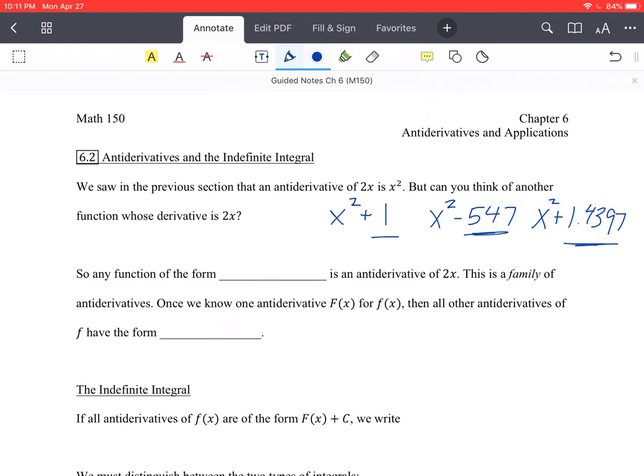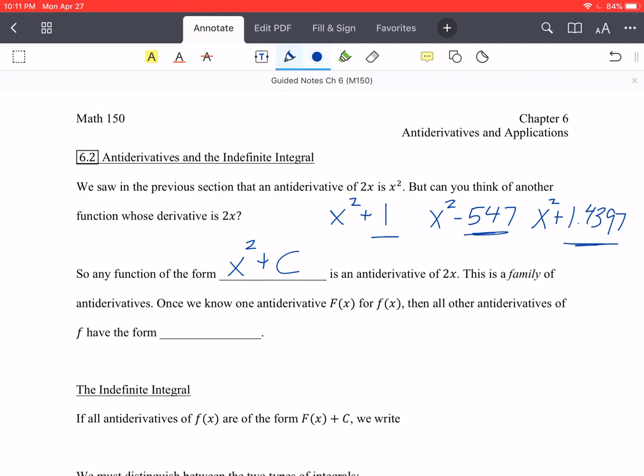So any function of the form x squared plus c is an antiderivative of 2x, where c is just an arbitrary constant that can be anything. If I take the derivative of x squared plus c, I get 2x plus 0 every time, so we get the 2x that we want.